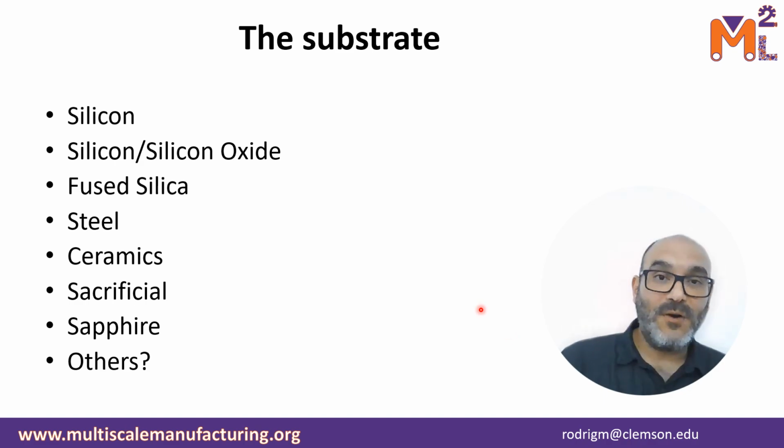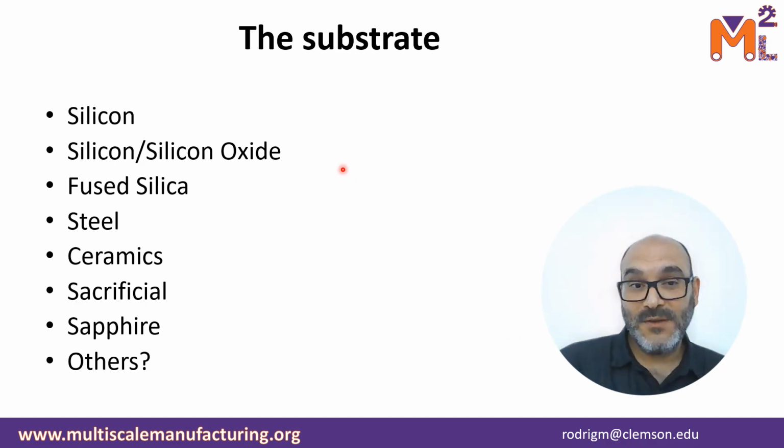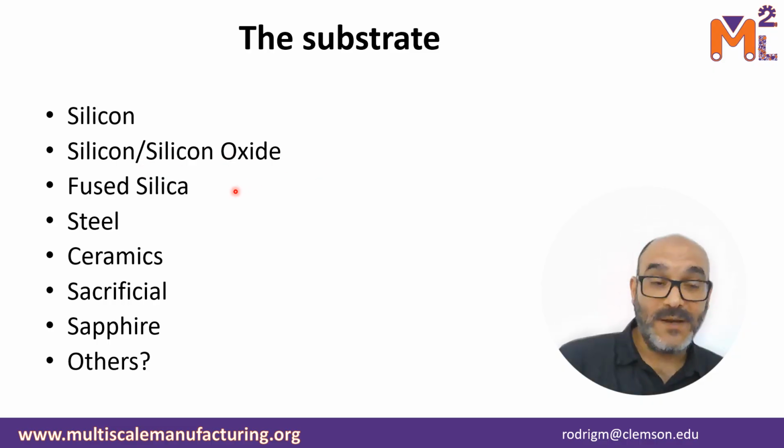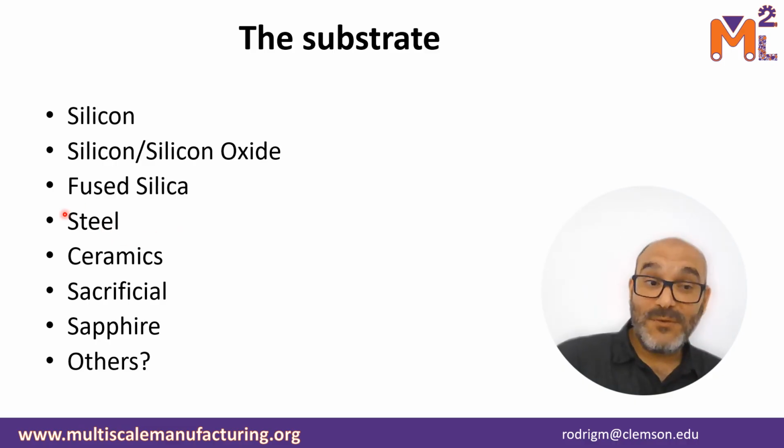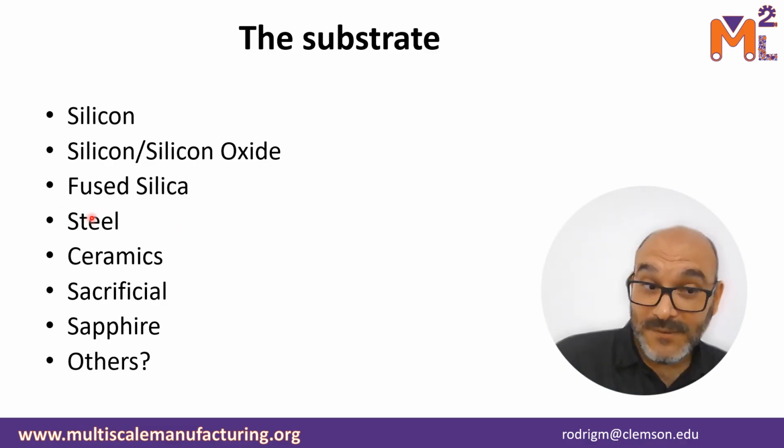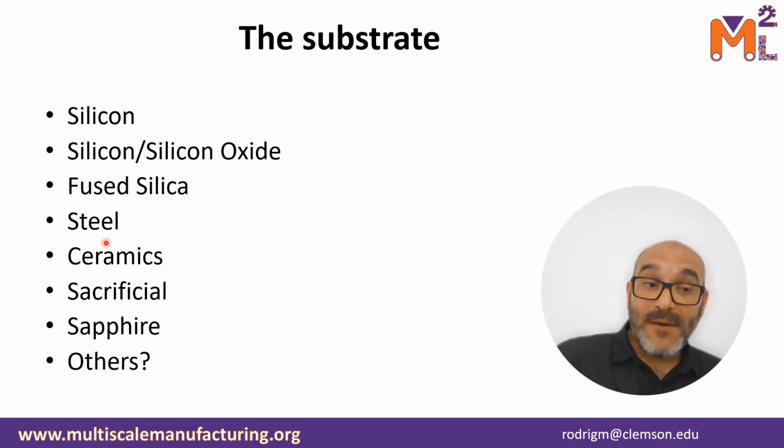That kind of limits our choice of substrates to silicon, the silicon that is also coated with silicon oxide, right? You could also use fused silica. Some colleagues have also demonstrated the use of steel, right? We have also reported the use of ceramics. You could also have sacrificial substrates, right?